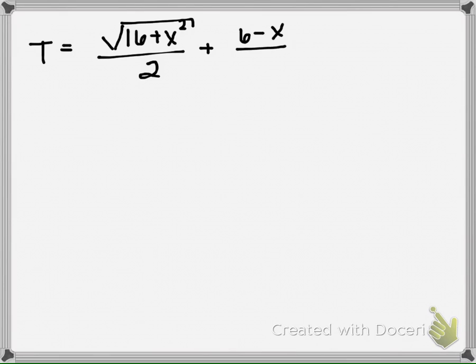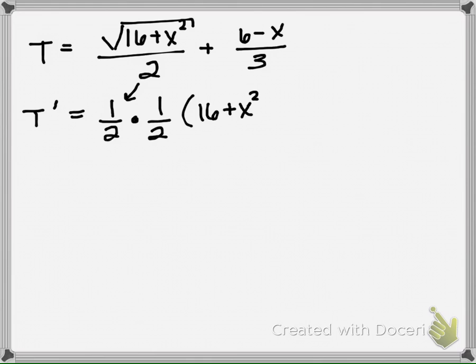So first, if t is the square root of 16 plus x squared over 2 plus 6 minus x over 3, then t prime is, well, the 1/2 times, remember 16 plus x squared is to the 1/2 power, so we're going to do a 1/2 times 16 plus x squared to the negative 1/2 times the derivative of the inside, which is 2x.